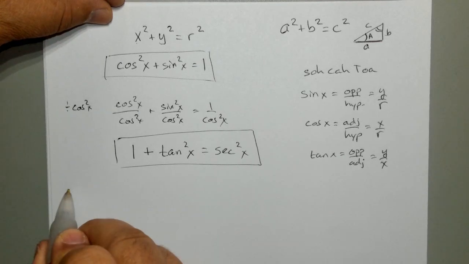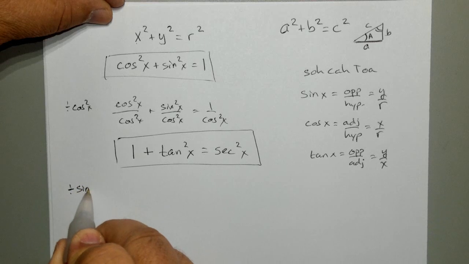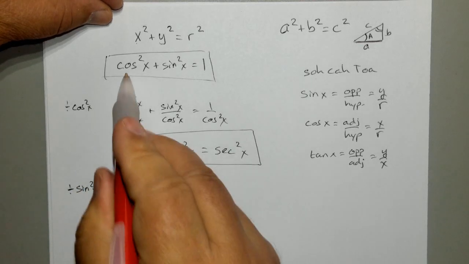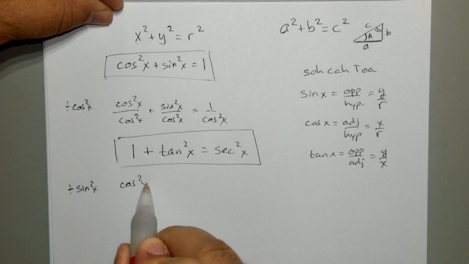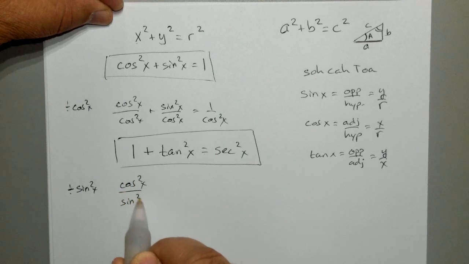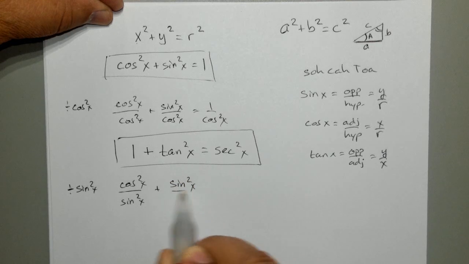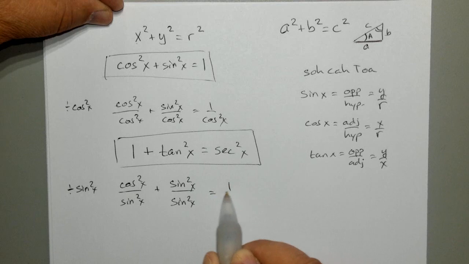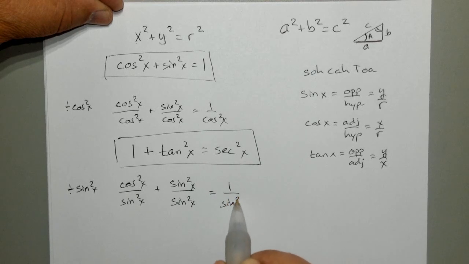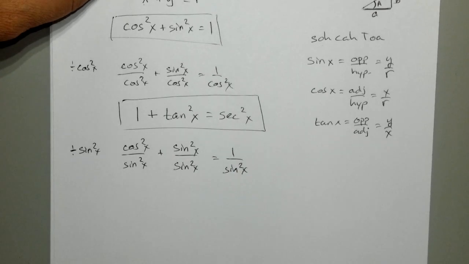The third one could be found if we divide each term by sine squared. So we have cosine squared x divided by sine squared x, sine squared x over sine squared x equals 1 over sine squared x.